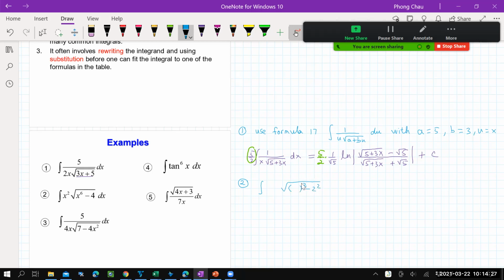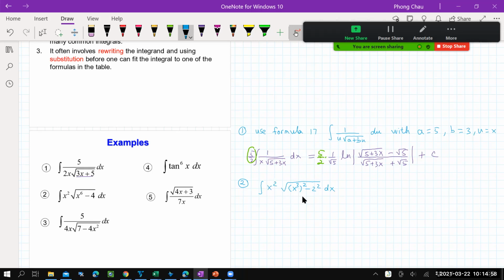If we had something squared minus something squared, then we do have the formula. That suggests we need a substitution, because x to the 6 is equivalent to x cubed squared, right?